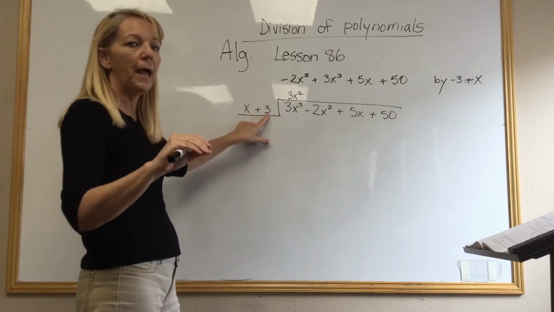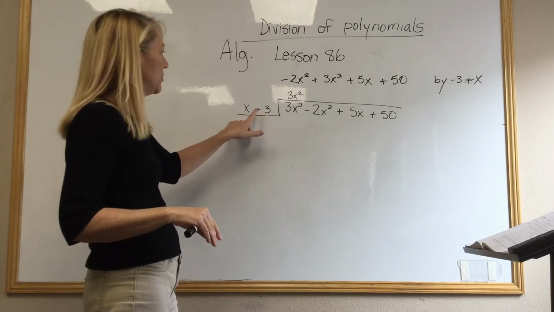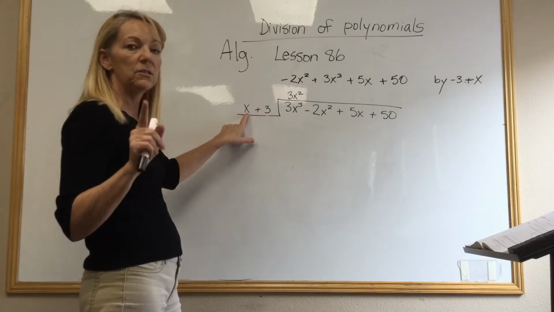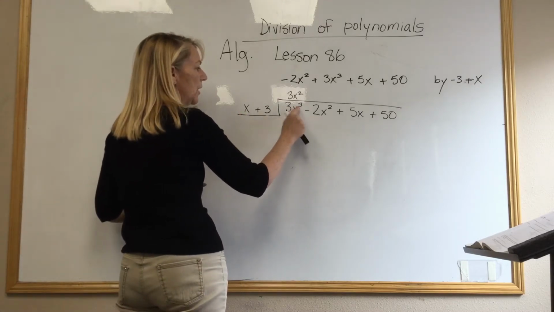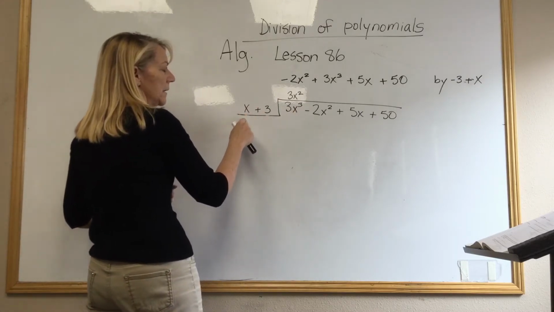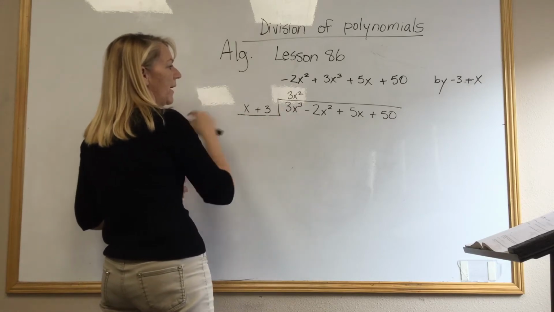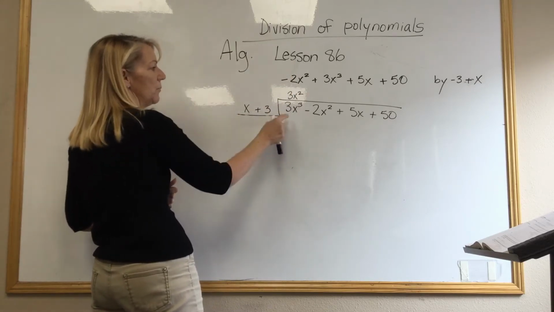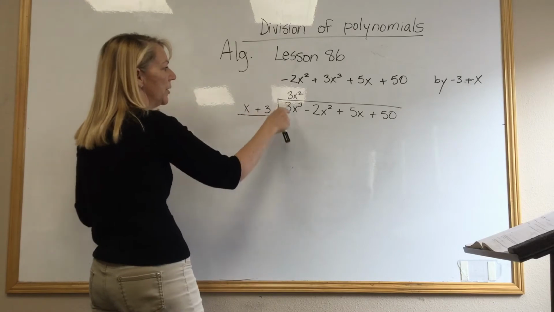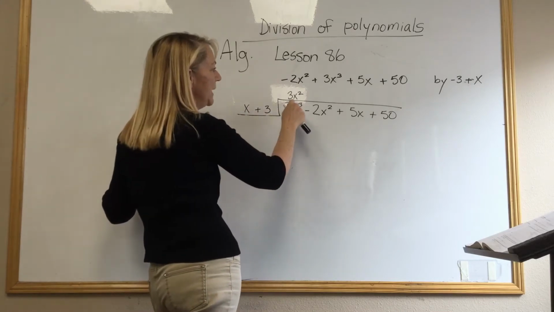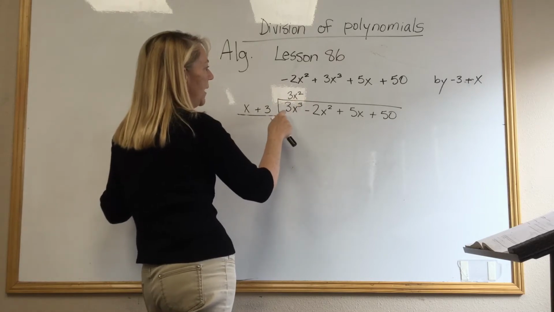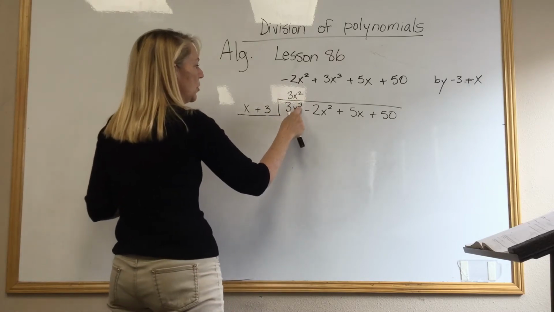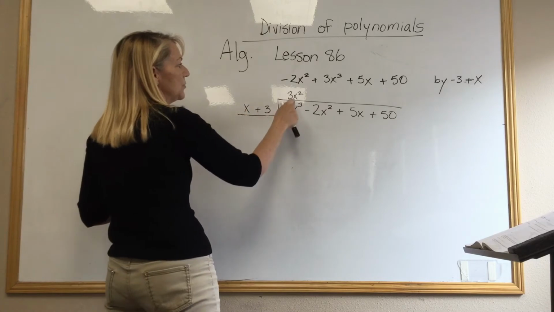You will multiply it and subtract it, but as far as the division is concerned, we're looking at this first variable. So if I have 3x to the third divided by x, I'm basically taking one x away from the numerator like I did in the last lesson. That would leave 3x squared behind.